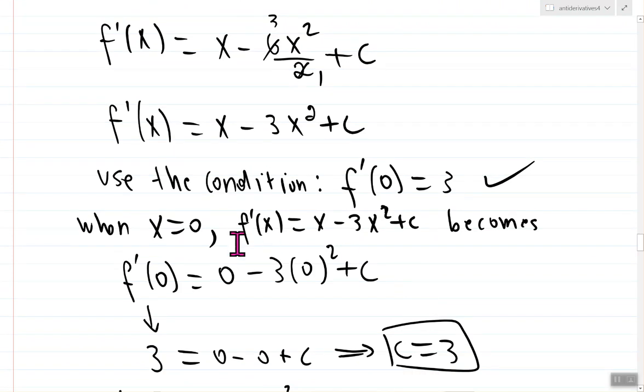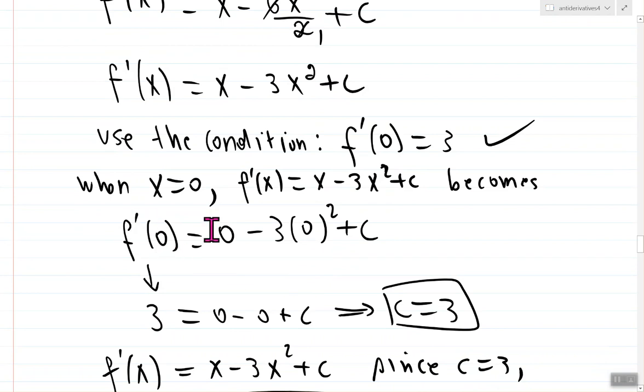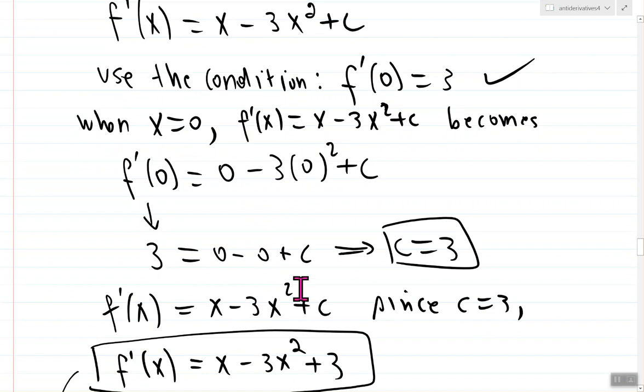So we plug in 0 for x into the first derivative. You get f prime of 0 equals 0 minus 3 times 0 squared plus c. And the left side, f prime of 0, is 3. On the right side, when you evaluate everything, you get 0 minus 0 plus c, which gives us c equals 3.